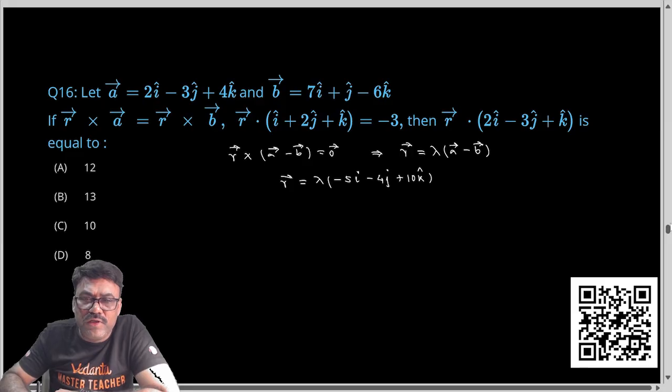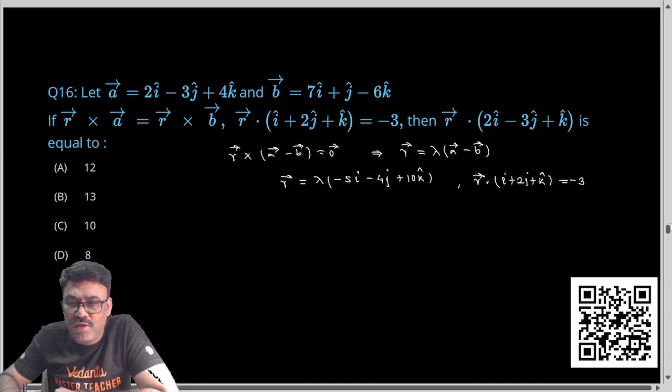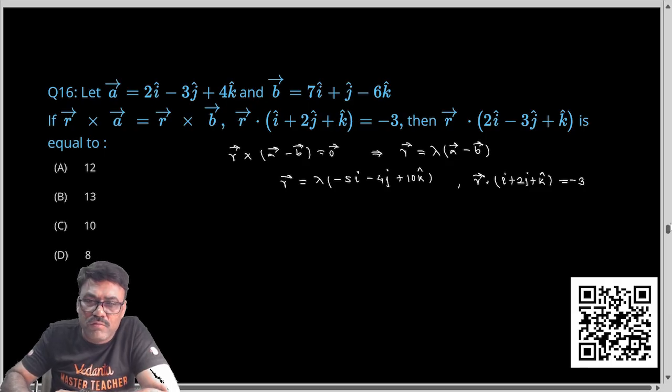Now it is given that r dot (i plus 2j plus k) is minus 3. So if I take the dot product of this r vector with the vector i plus 2j plus k, I will get lambda times (minus 5 minus 8 plus 10) equal to minus 3. So this gives you lambda equal to 1.